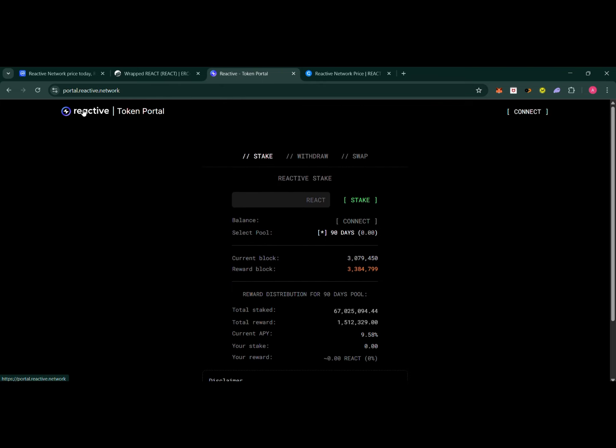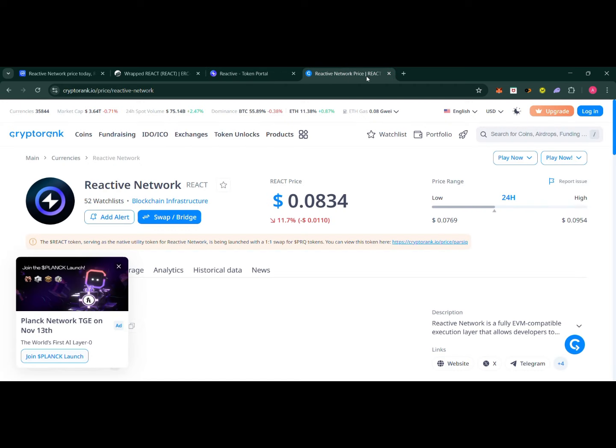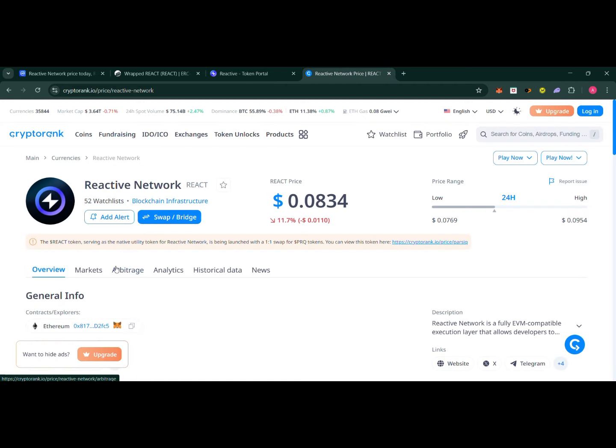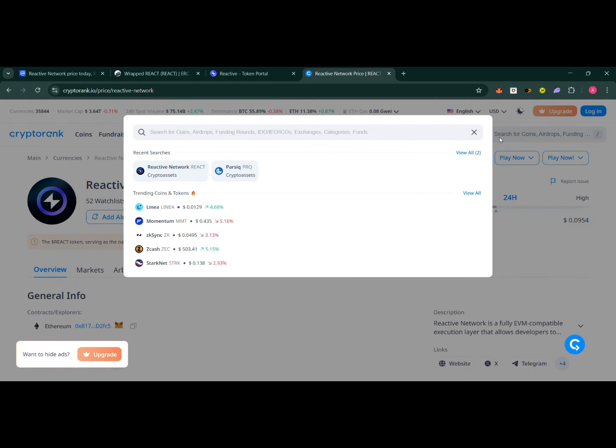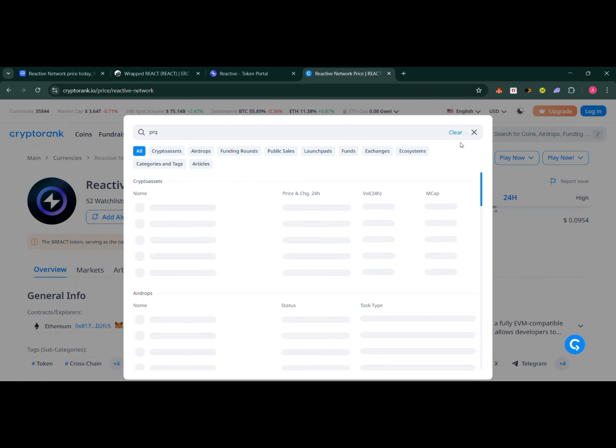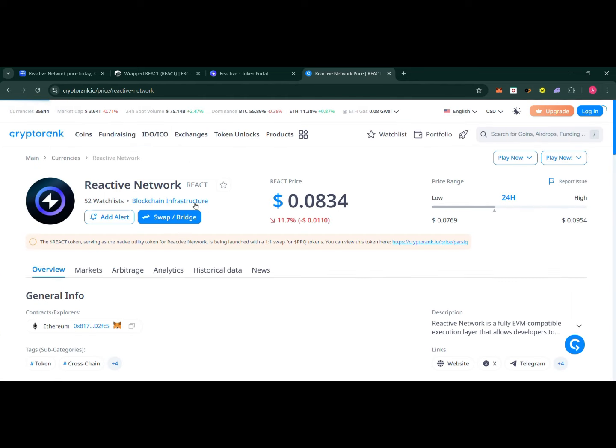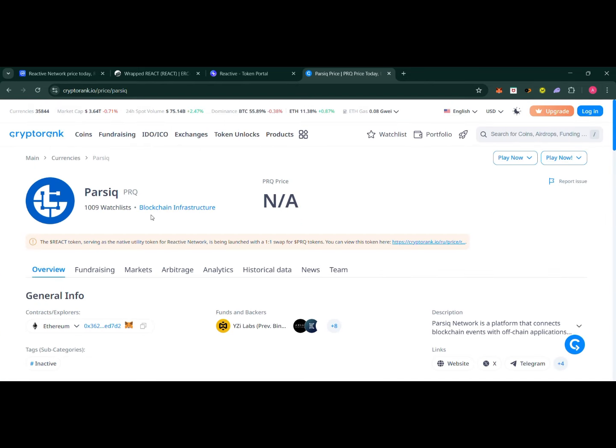Now, we were talking about PRQ. So let me just go back. So you can see the price is not applicable because it's not tradable anymore, as the migration has completed, what I told you guys about. But you can just see who the funders and backers were for PRQ.